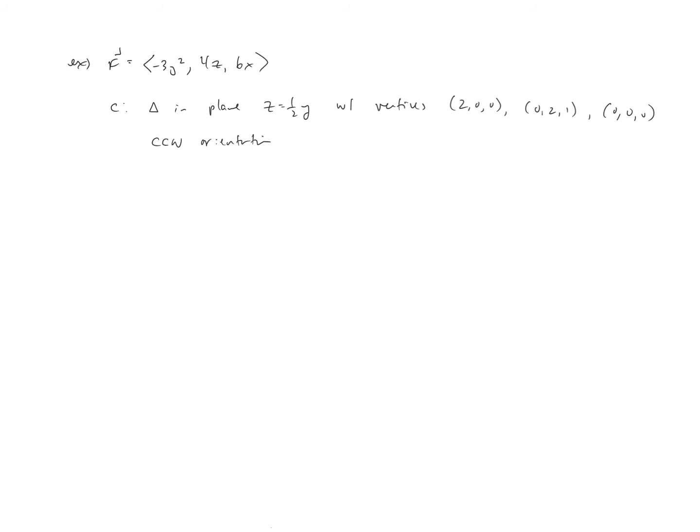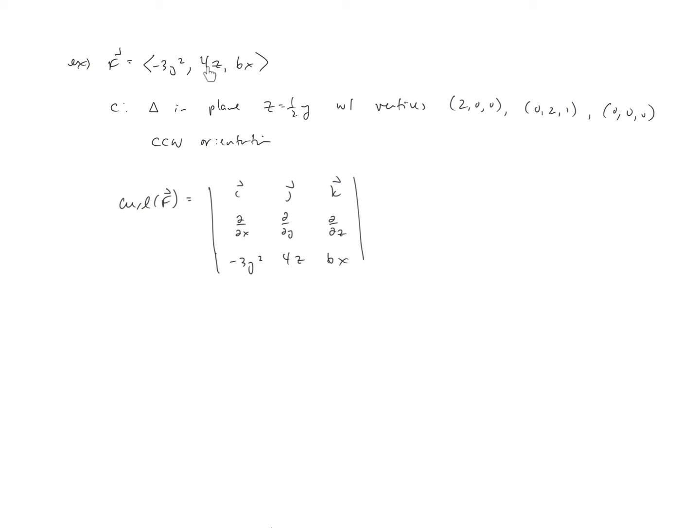So first thing I'm going to do, I'll go ahead and compute the curl of f, and so that's going to be where we have our cross product, i, j, k, and if you'll remember, that's nothing more than partial x, partial y, partial z, but now with a negative 3y squared, a 4z, and a 6x.